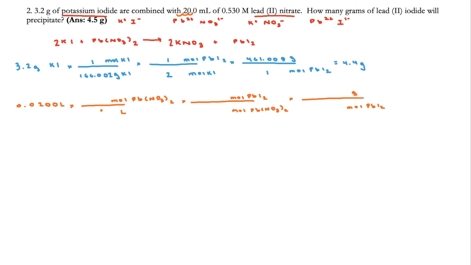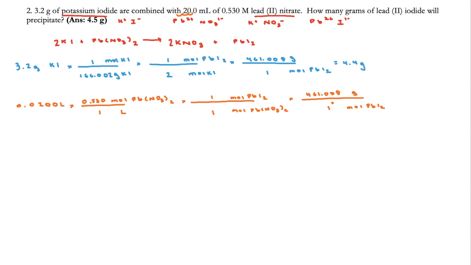All right, the concentration of lead nitrate is 0.530. So that many moles for every 1 liter. The mole to mole ratio here is 1 to 1 because those are the coefficients. And then the molar mass I already got was 461.008.